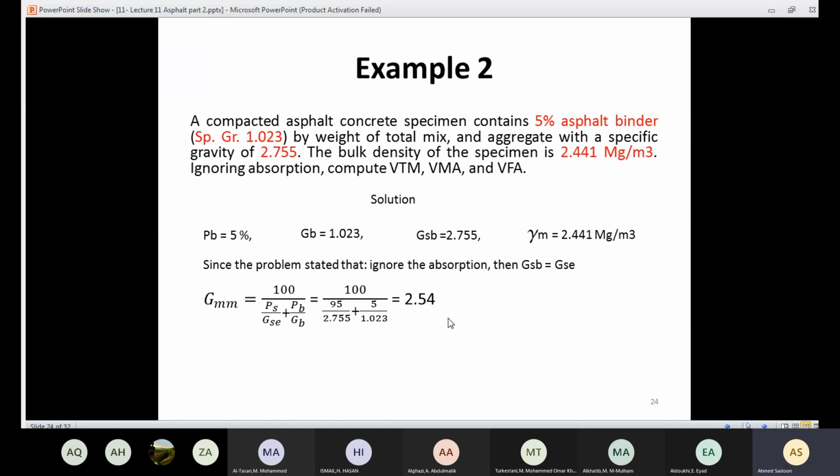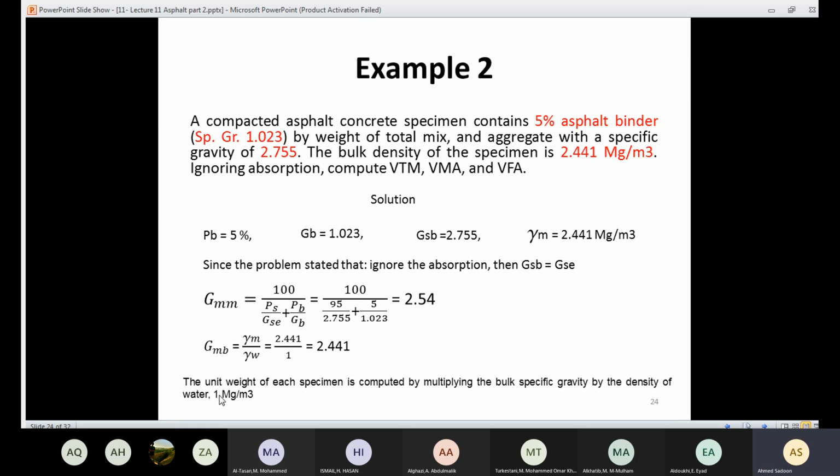So now it's important for me to determine GMB. GMB in general is the density of the material over the density of the water. Here, the density of the mixture is given, which is 2.441, and the gamma water, in case you are dealing with megagrams, is going to be only 1.